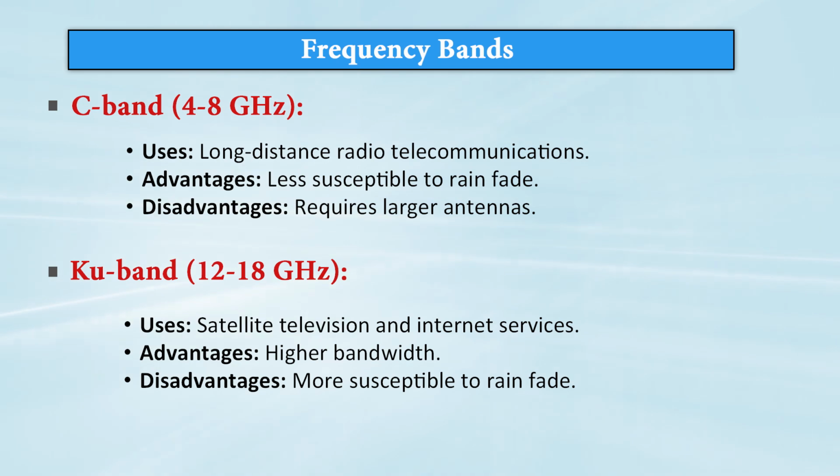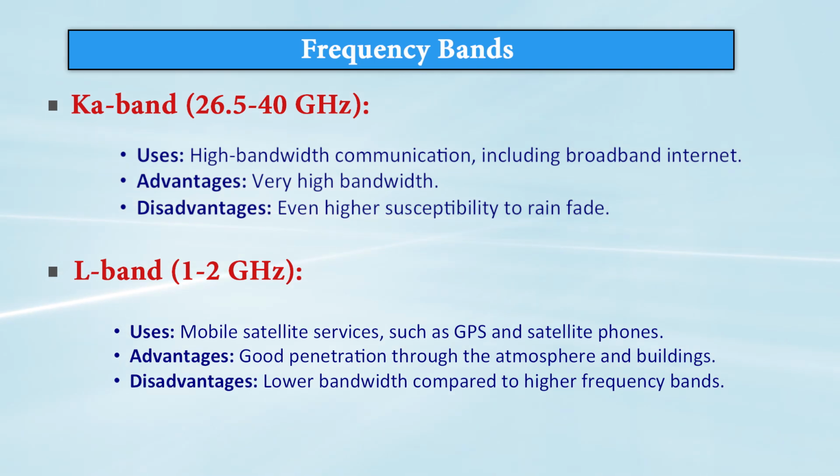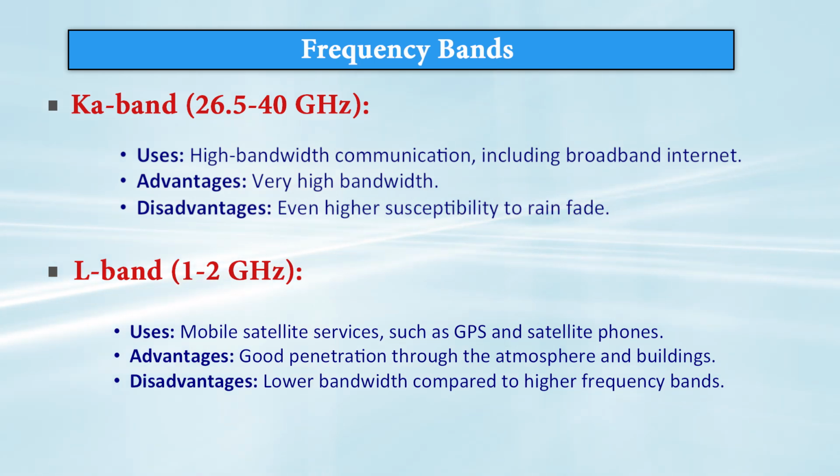Then we have different frequency bands used for satellite communication. One is C band, that is 4 to 8 gigahertz, then Ku band, that is 12 to 18 gigahertz, then Ka band, L band, S band. Each band has a specific frequency and a specific use. L band is specially used for GPS.